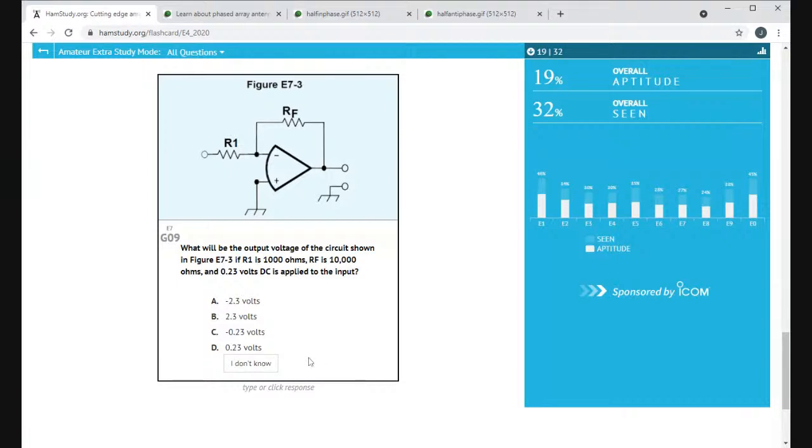D, 2.3, and I am going to go with B, 2.3. Nope. It is A, negative 2.3.